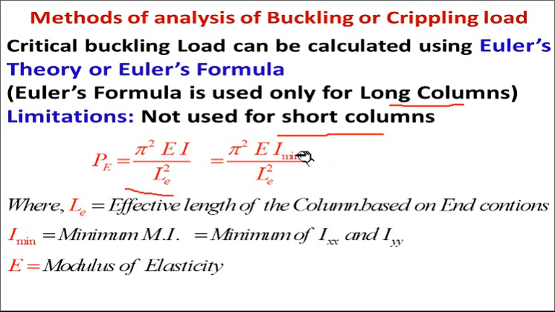Minimum moment of inertia means the least value of Ixx or Iyy; among these two values, the minimum will be I minimum. And L is the effective length of the column based on end condition.